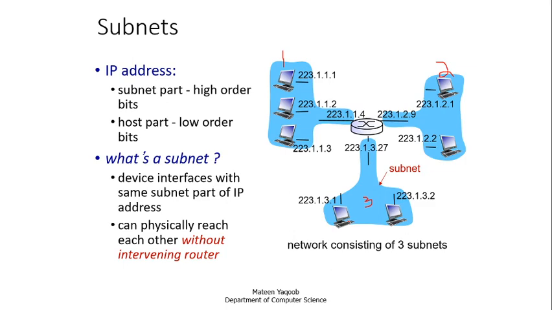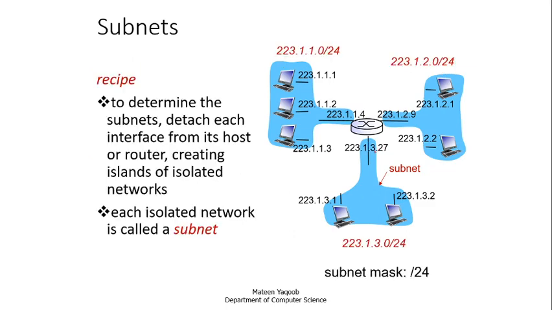So this network consists of 3 subnets, and you can see each has a different starting IP address in order to determine from which sub part of the network or which subnet this belongs. In order to determine the subnet, we will detach each interface, and it will be called an isolated network, and each isolated network is called a subnet.